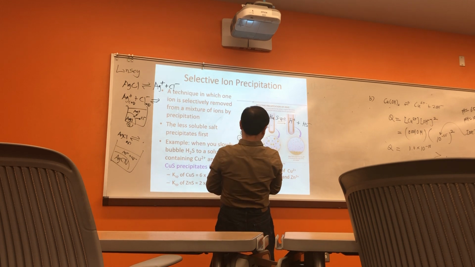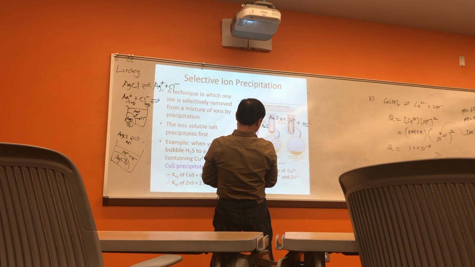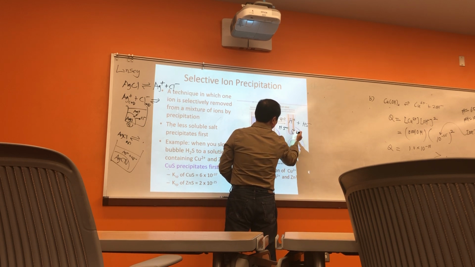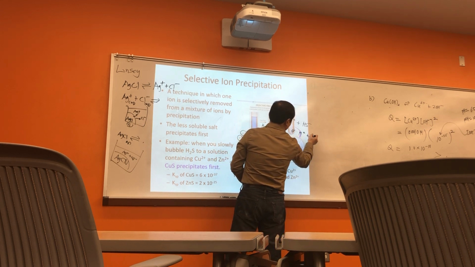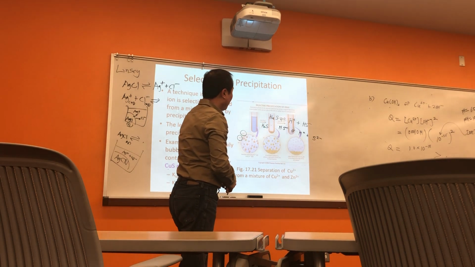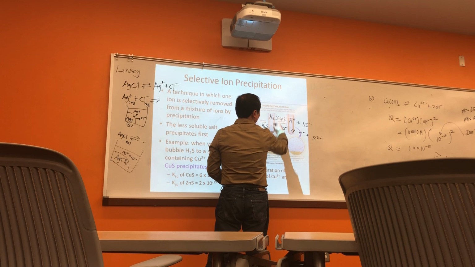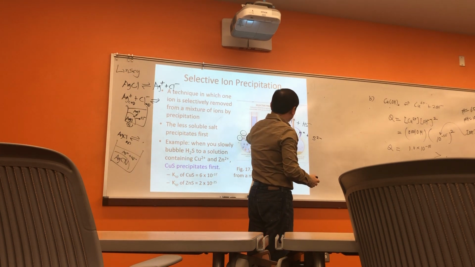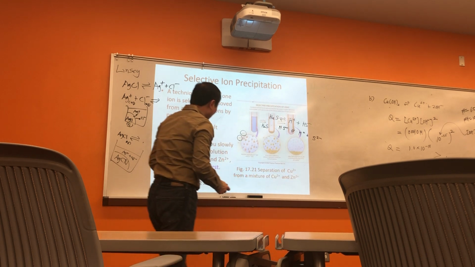And then this one could further dissociate. Right? So that's the equilibrium between the two different reactions. You don't have to know this one yet, but I'm just writing it as reference.